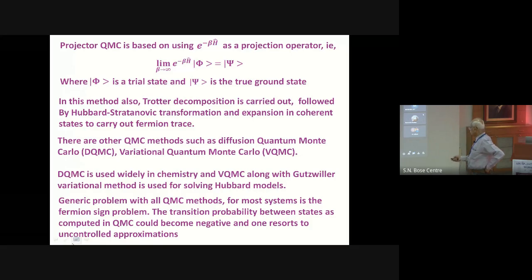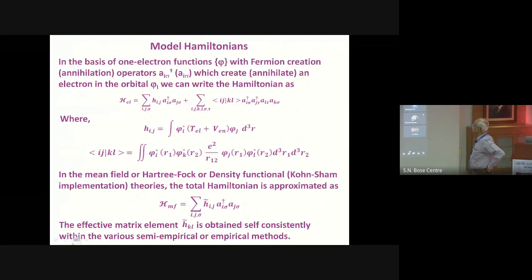Okay, now let me go to a little bit about model Hamiltonians. When you write down your electronic Hamiltonian, you have the one electron part and the two electron part. The one electron part is just the matrix element H_ij of the one electron operator, and ijkl is the matrix element of the two electron operator.